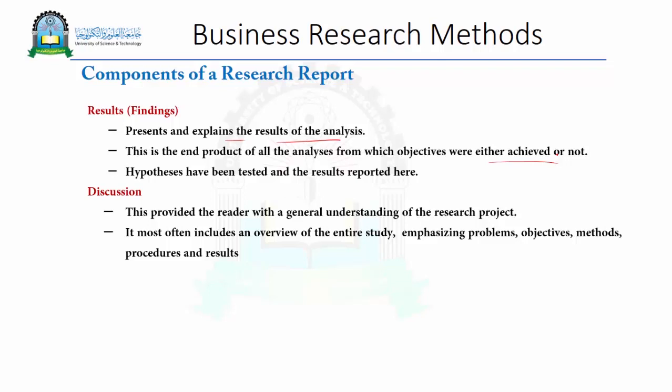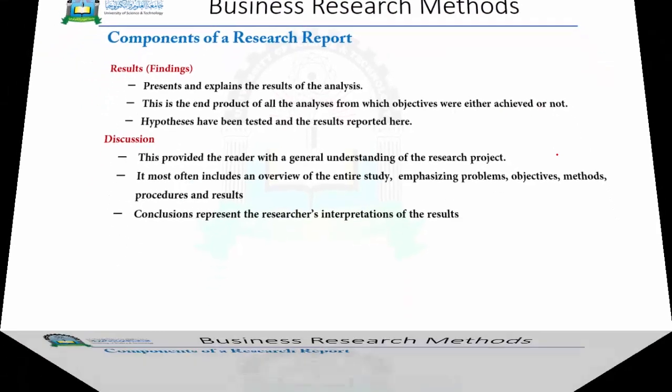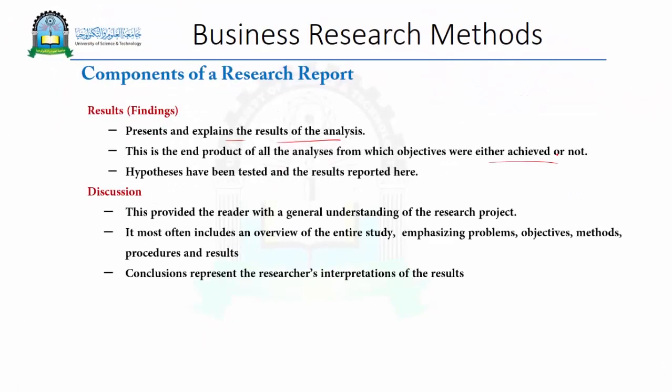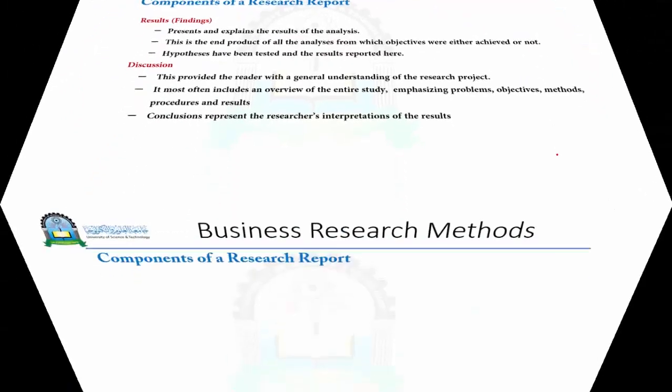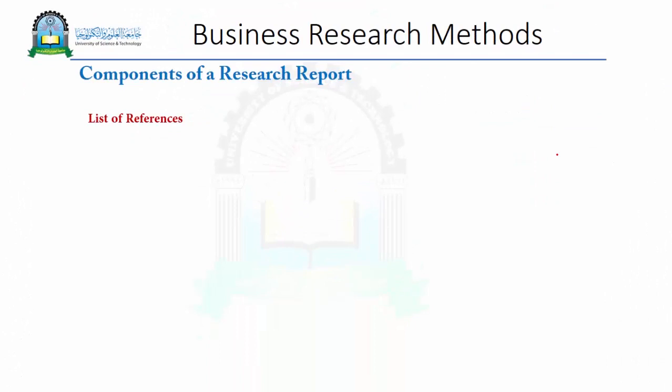So mainly in this section, you need to write about the findings and what are the ideas that come from these findings. The conclusions also represent the researcher's interpretation of the results. So the interpretation of the findings is very important to be discussed and compared with the previous studies.